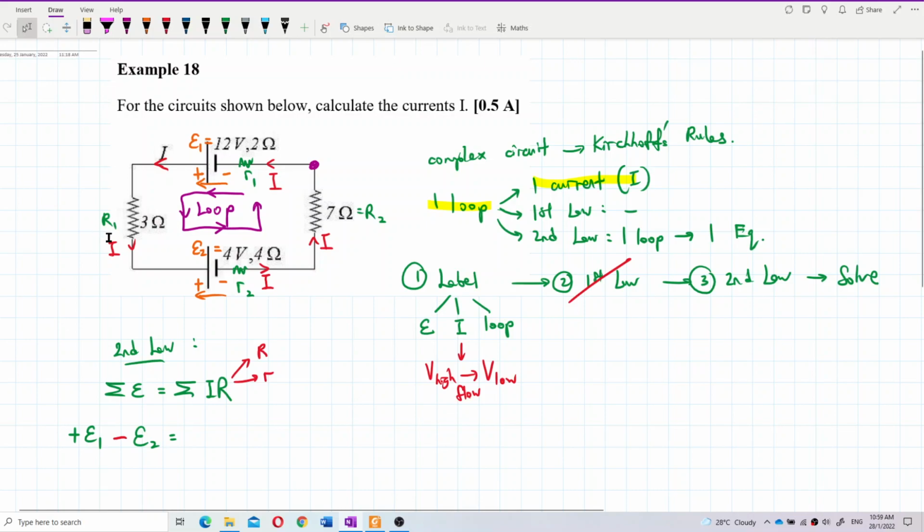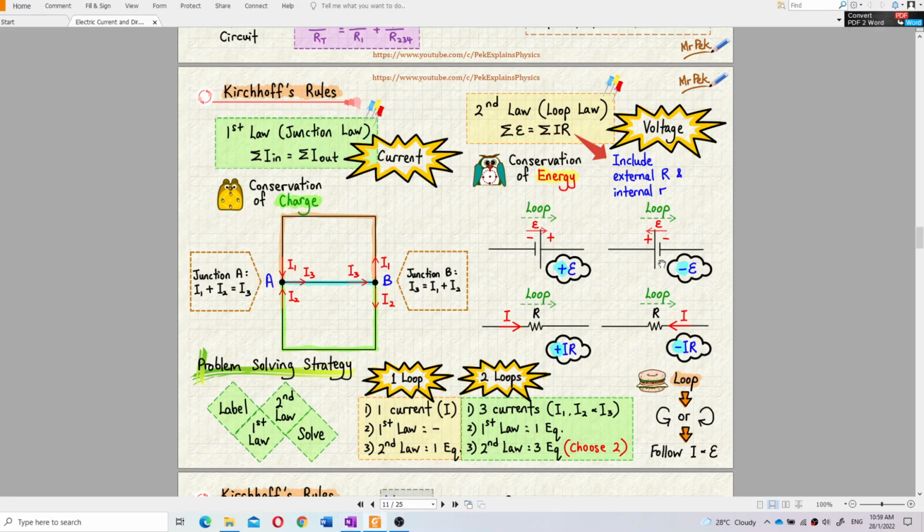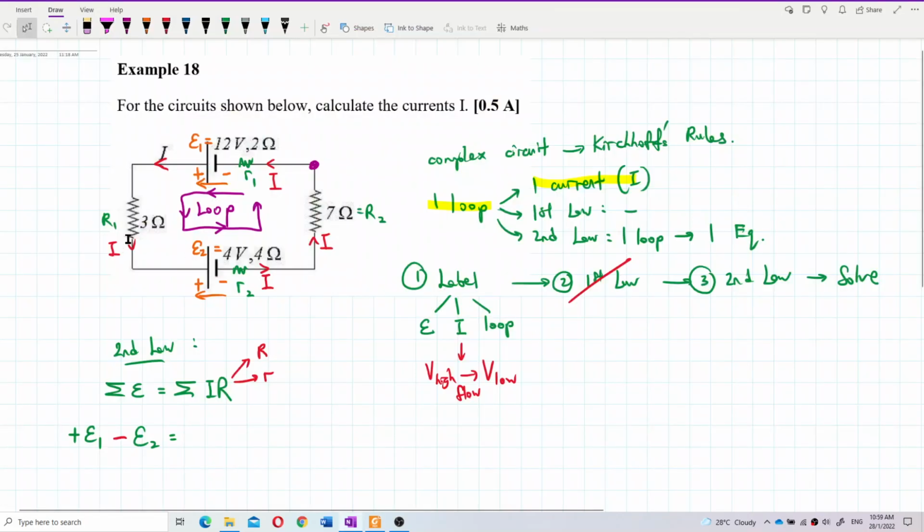The current is downward, and the loop direction over here is also downward. When the current and the loop are in the same direction, it is positive IR.